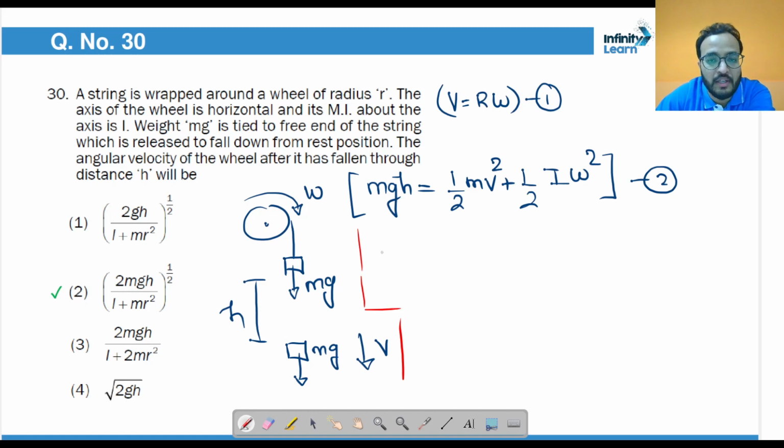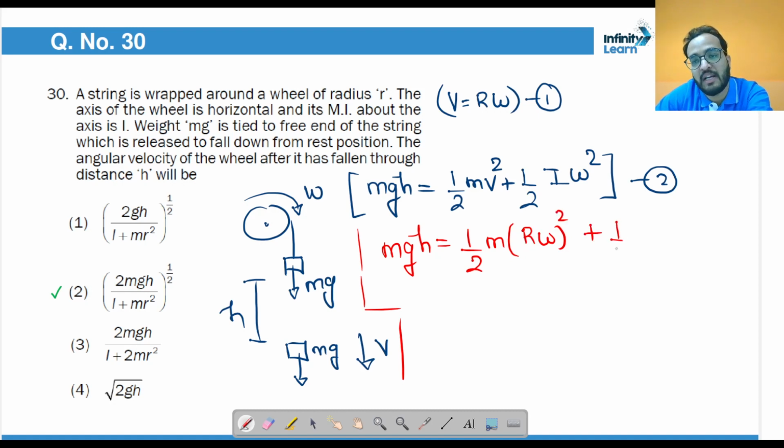So from here you will say, sir, mgh is equal to half m v square plus half I omega square. What they want is omega, so don't write omega in terms of v, instead write v in terms of omega. So it is half m r omega whole square plus half I omega square.